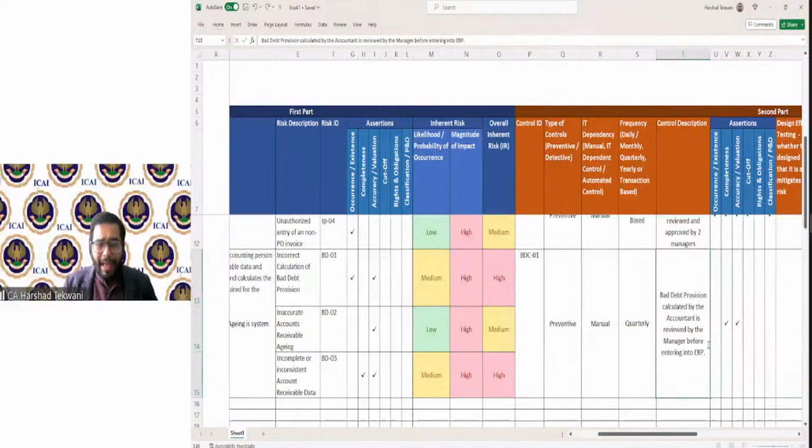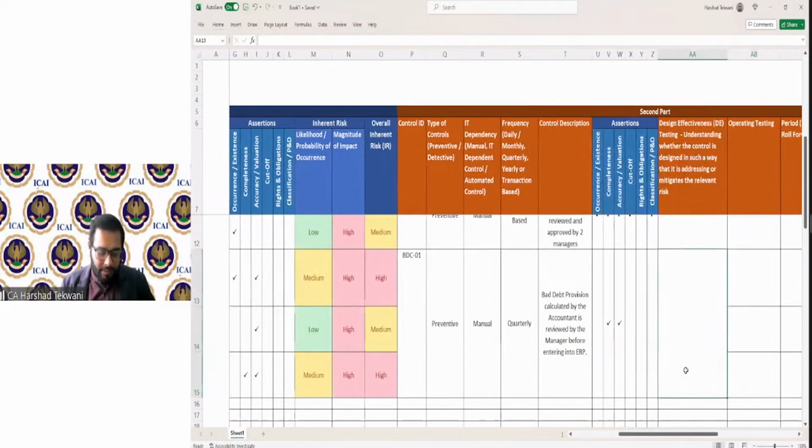If that is a control, then I can say, okay, the review is being done. And in the review, he is comparing with the automated calculation, and a lot of things he can do. But then I can see, okay, the control is designed effectively to mitigate the risk. So when I say control is designed effectively, I'll place, okay, this is designed effectively.